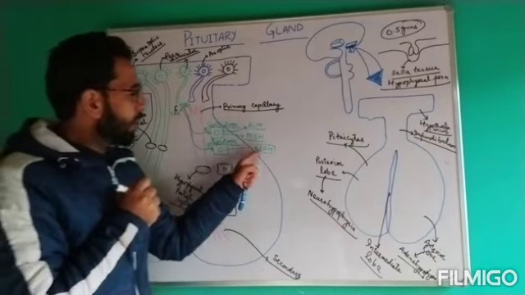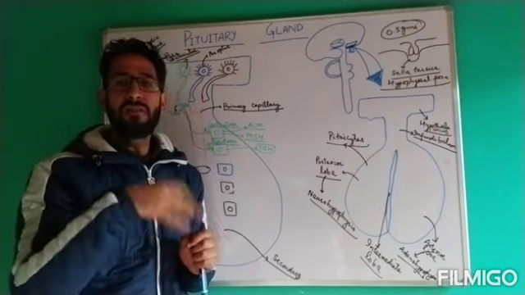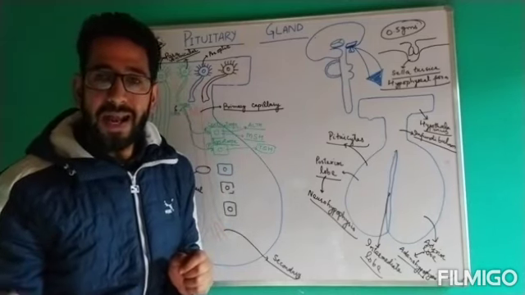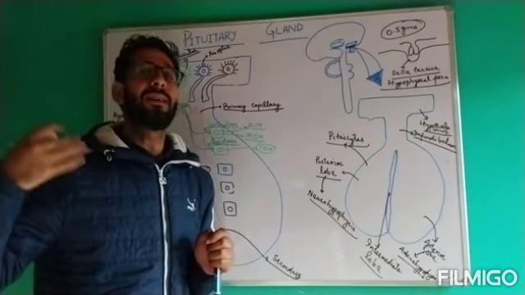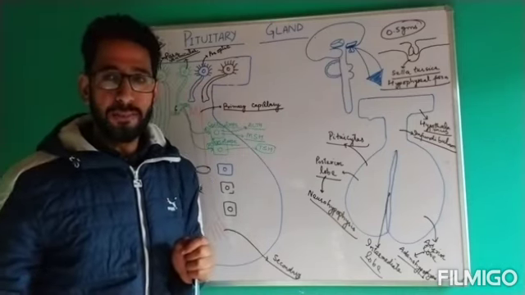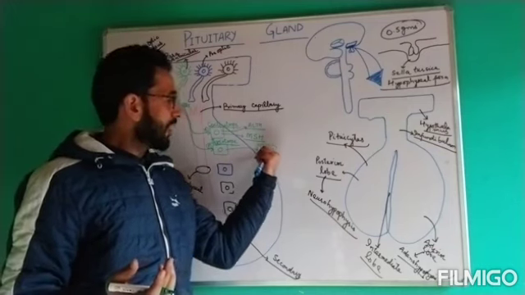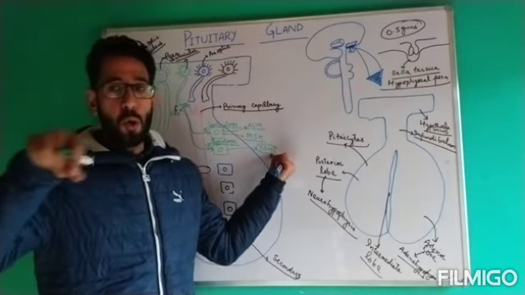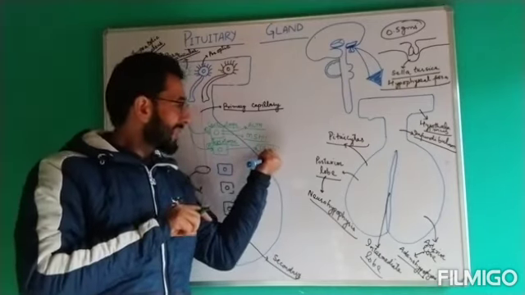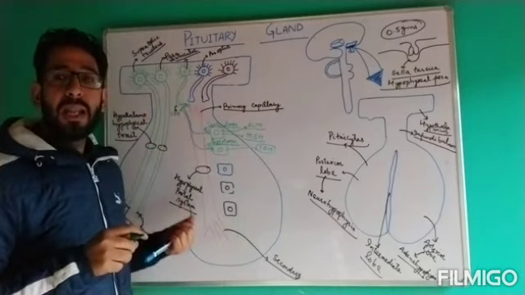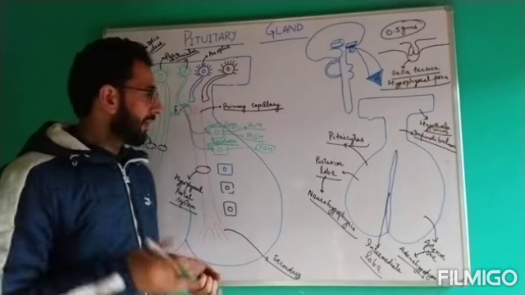This thyroid stimulating hormone goes and acts on the thyroid gland, and once it stimulates the thyroid gland, it secretes thyroid hormones. So thyroid stimulating hormone is controlling the activity of the thyroid gland. That is one more example of why the pituitary gland is called the master gland.